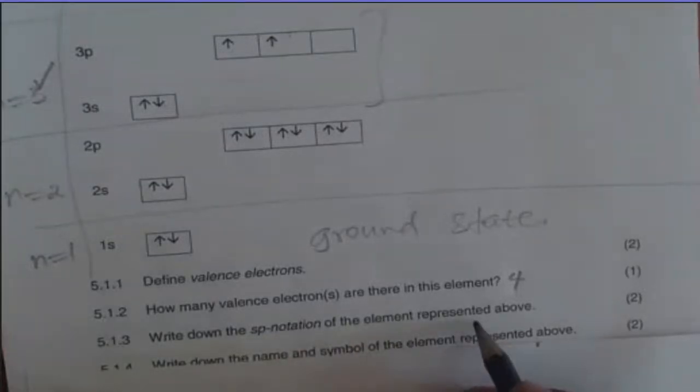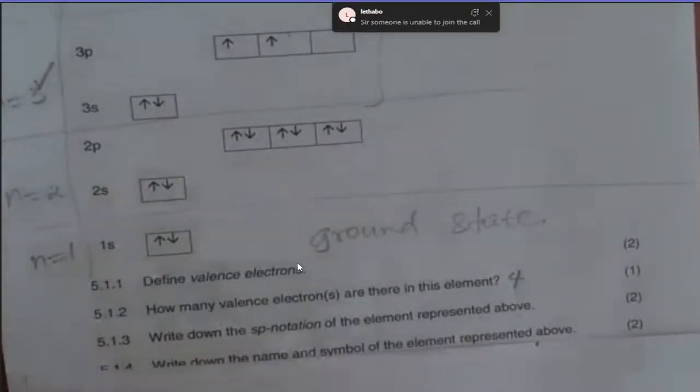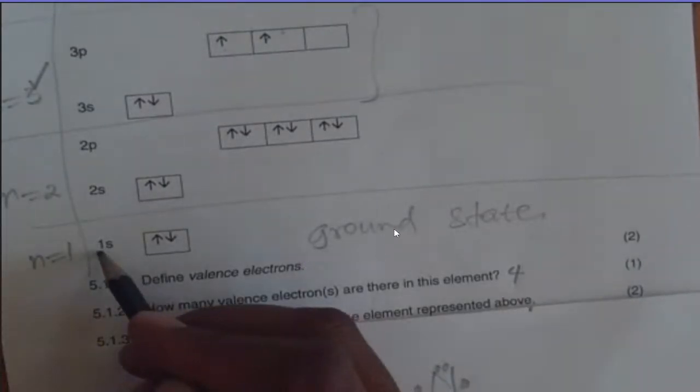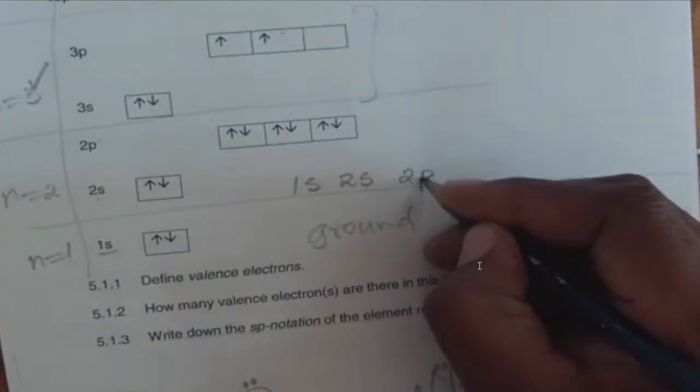Then now, write down the SP notation of the element represented above. So for SP notation, you start with 1s, you go to 2s, then from there 2p, then 3s, then 3p.